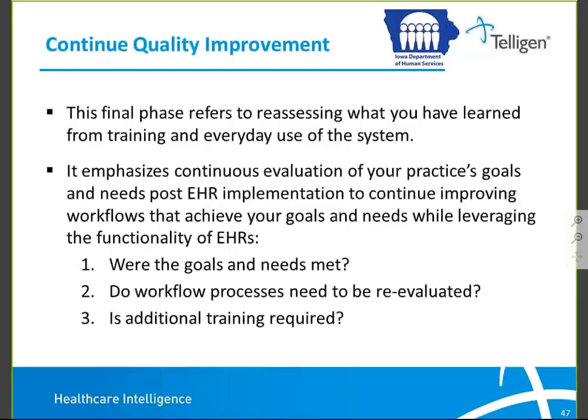So what you're looking at here is, once you've got your system in place and your dentist and your staff are using it, it's important to go back and have time to reevaluate. They'll have time to give their feedback on what isn't working well, to do some fine-tuning, to work some more with your vendor to say, hey, we've been using the system for a couple of months now, and this particular piece isn't working well for us, or this workflow isn't efficient for us.